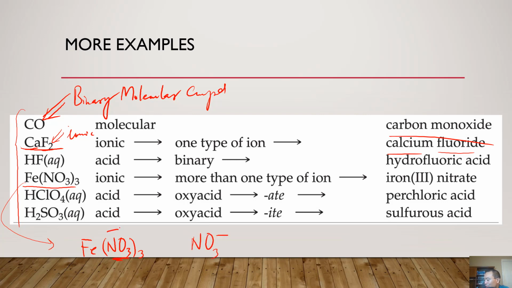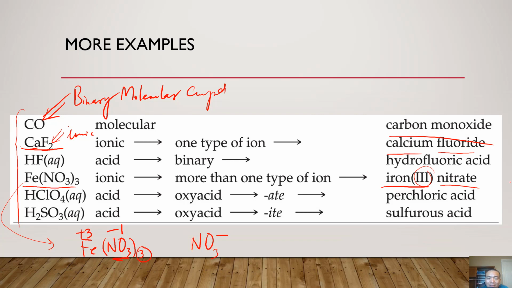The whole thing is one negative. So three of them would be -3. To balance out the -3 charge, you have to have +3. That's why it's called iron 3. Okay, why do you use 3 for this one? Because iron is a type 2 ion. Okay, iron 3 nitrate.